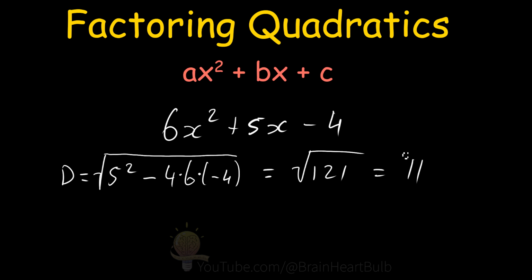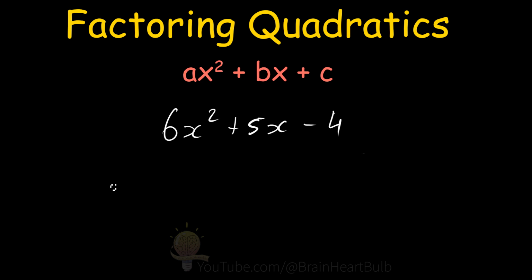So we know that this is a positive number, so the solutions are real, and it's a perfect square, so the solutions are rational. So the coefficient a multiplied by the coefficient c is a dot c, which is equal to 6 times minus 4, which is equal to minus 24.